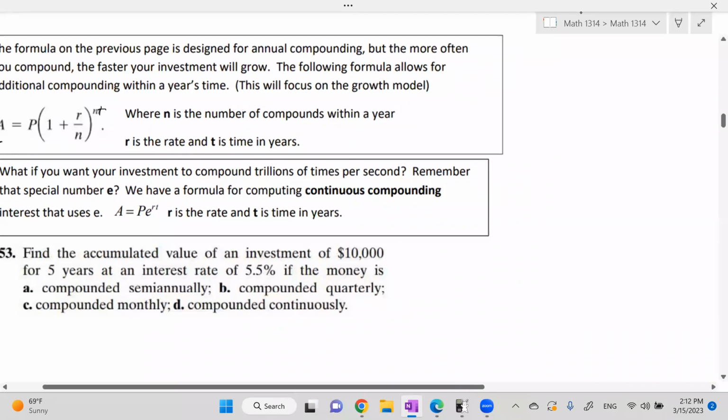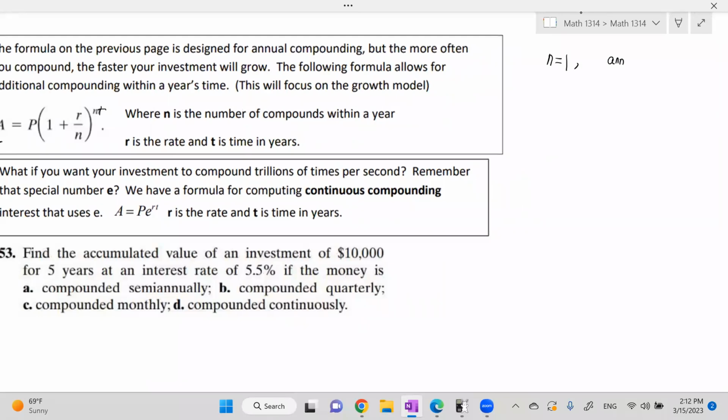What's the meaning of that? If N equals 1, that means we compound annually, once a year. If N equals 2, we compound semi-annually, twice a year.